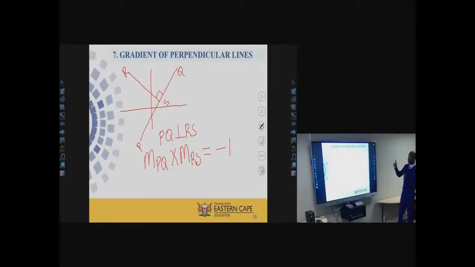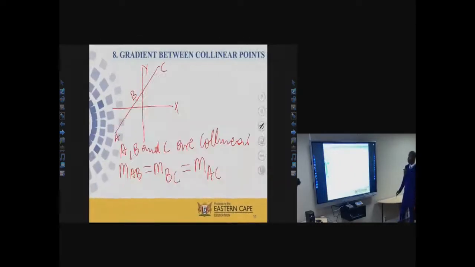They intersect at 90 degrees, then the product of their gradients must give you -1, which means when you multiply their gradients, you must get -1. Then the last one, when you have collinear points, points that lie on the same straight line, the gradients are the same. So you must note that.